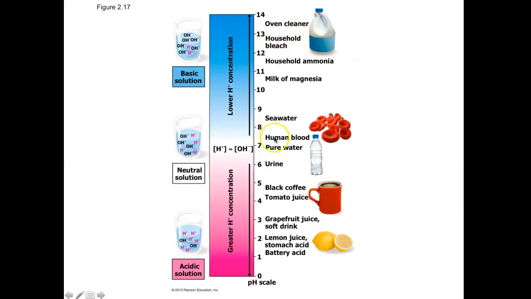You can take the pH of different substances and they have different numbers. pH stands for the power of hydrogen, because what you're looking at is these free hydrogen ions. The more you have, the more acidic it is. The less you have, the more basic it is. The pH scale is from 0 to 14, 0 being the most acidic, 7 in the middle for neutral, and 14 for the most alkaline or basic.